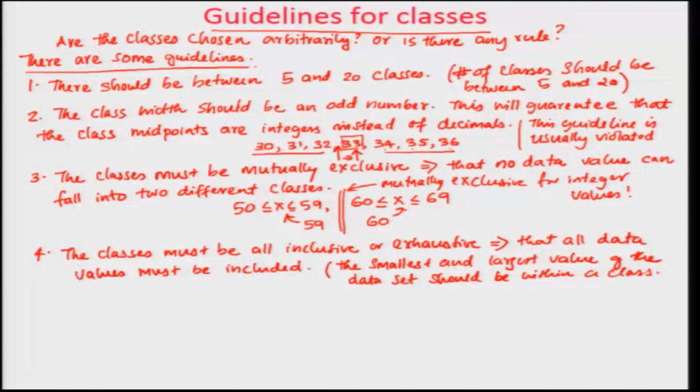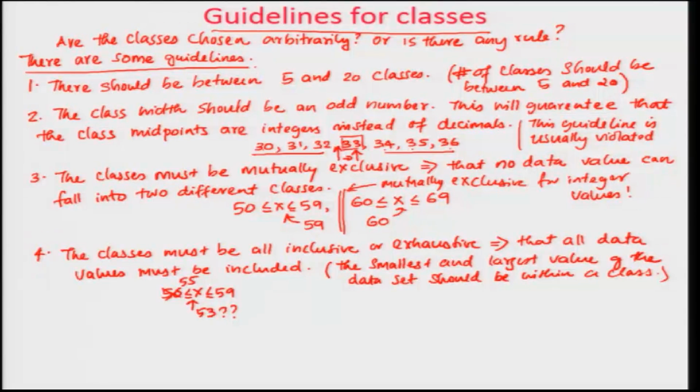That is the important aspect in this regard. If I make the first class 50 less than or equal to x less than or equal to 59, it will include 53. If I made this 55, then it will not be included.